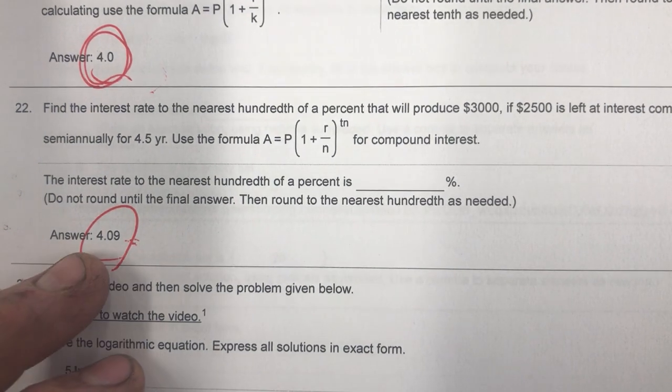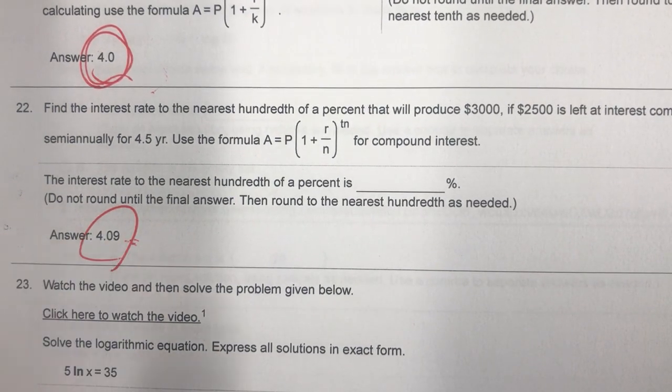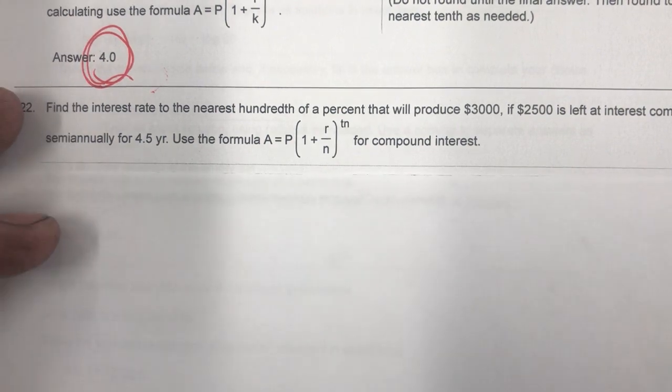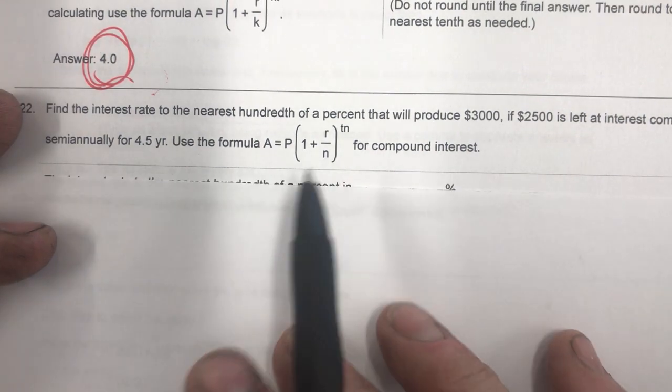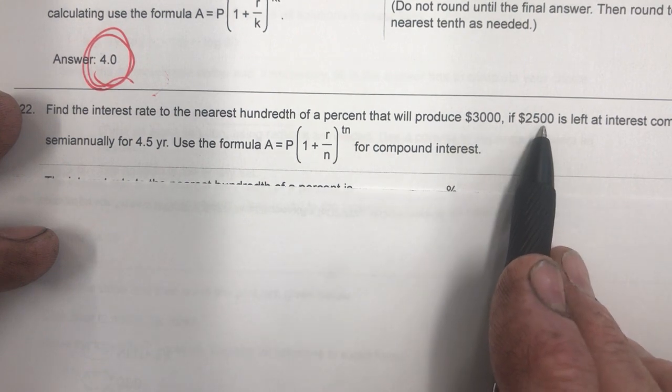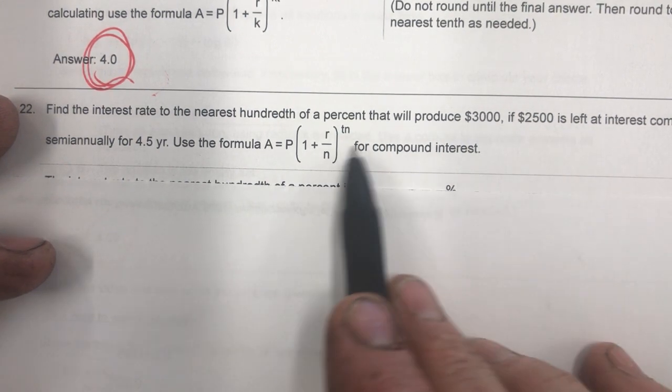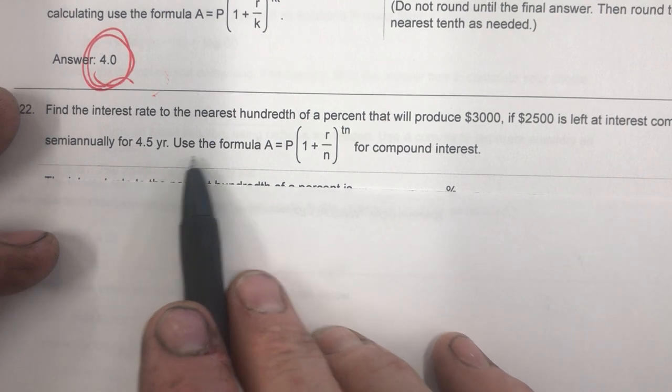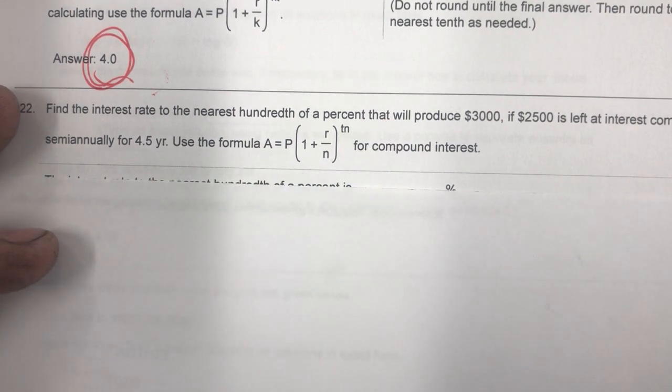All right, so let's get on this one now. Find the interest rate to the nearest hundredth of a percent that would produce $3,000 if $2,500 is left at interest compounded semi-annually for 4.5 years. Use this formula again.